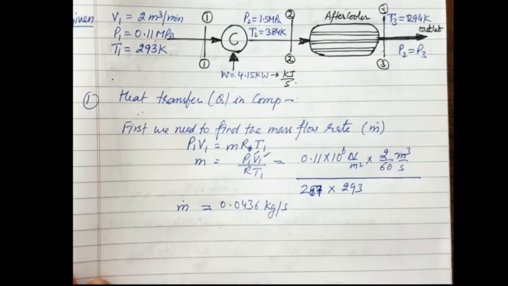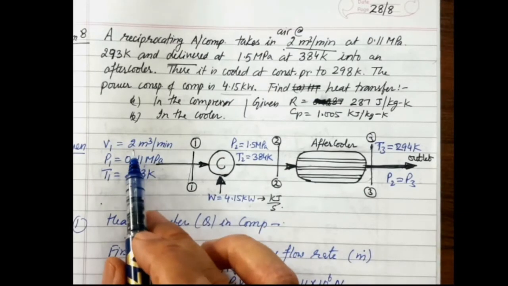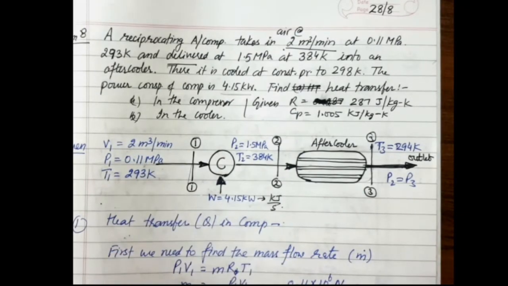What is the pressure? Pressure is 0.11 megapascal, means 0.11 times 10 raised to power 6 Newton per meter square. V1 volume is given here, V1 is 2 cubic meter per minute. You need to change this volume into cubic meter per second. So this becomes 2 by 60 cubic meter per second.